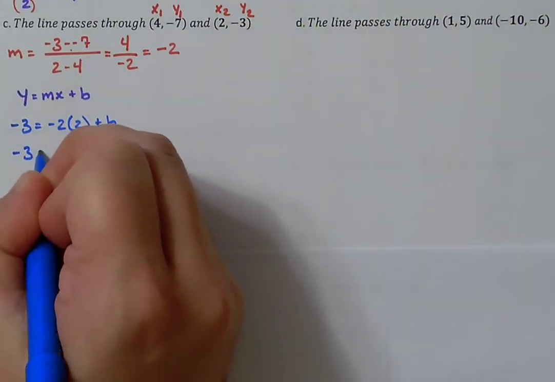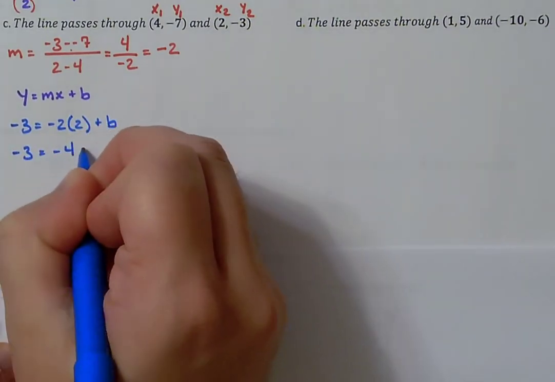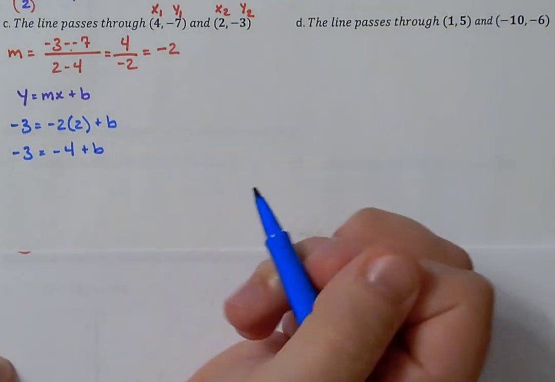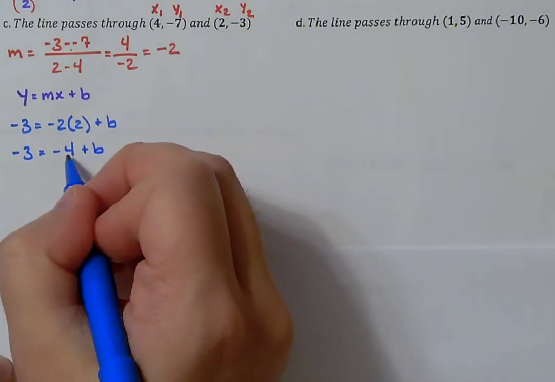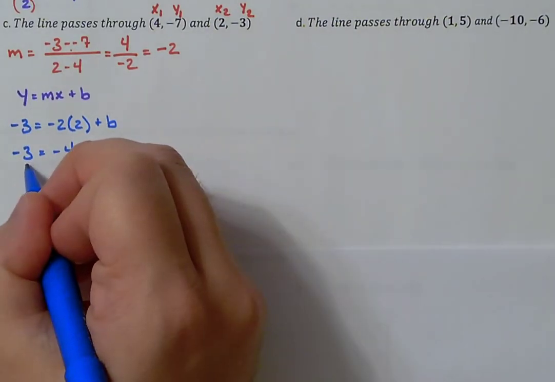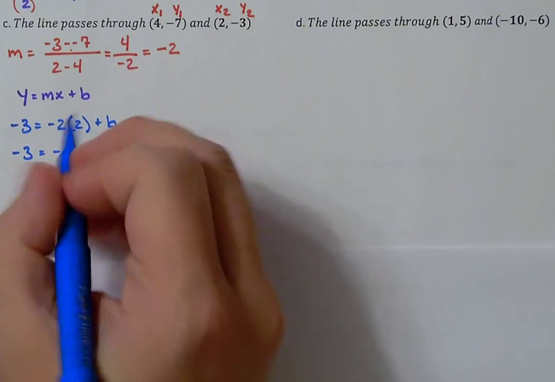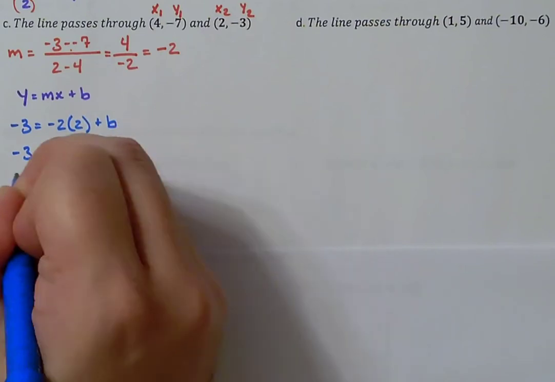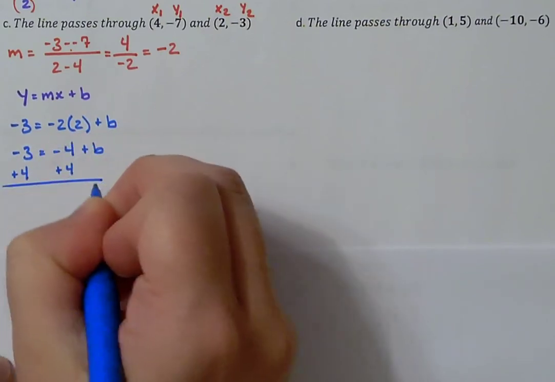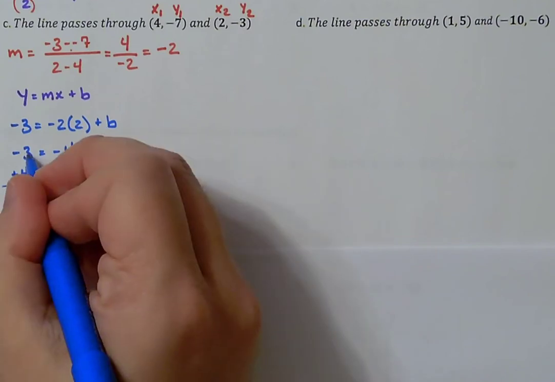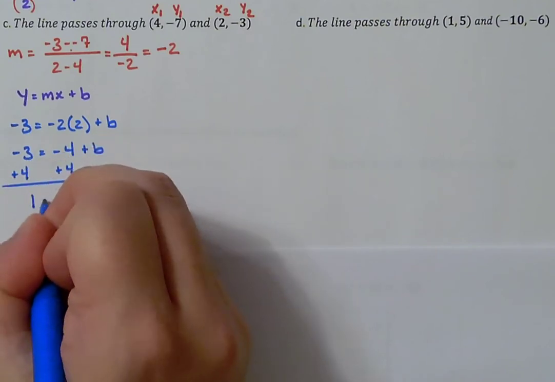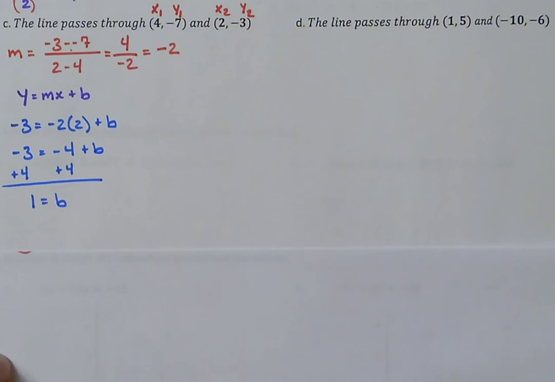So we have negative 3 equals negative 4 plus b. And then we're going to go through and add this 4 to the left side because it's a negative. And we end up with negative 3 plus 4 is 1. So I have 1 equals b.